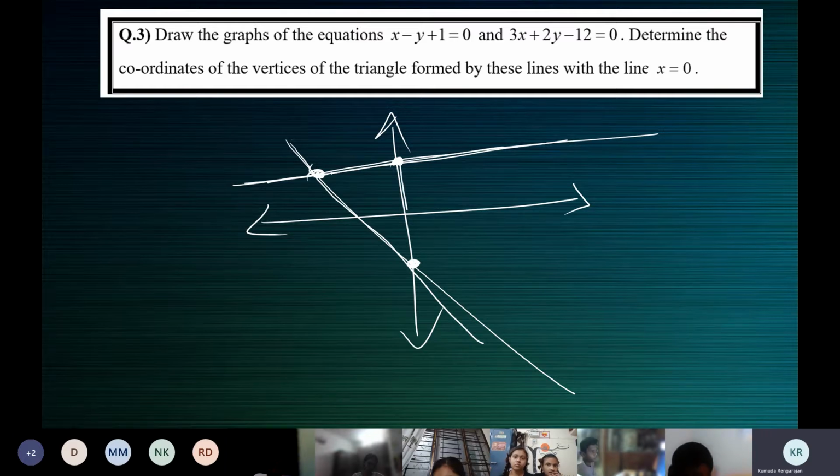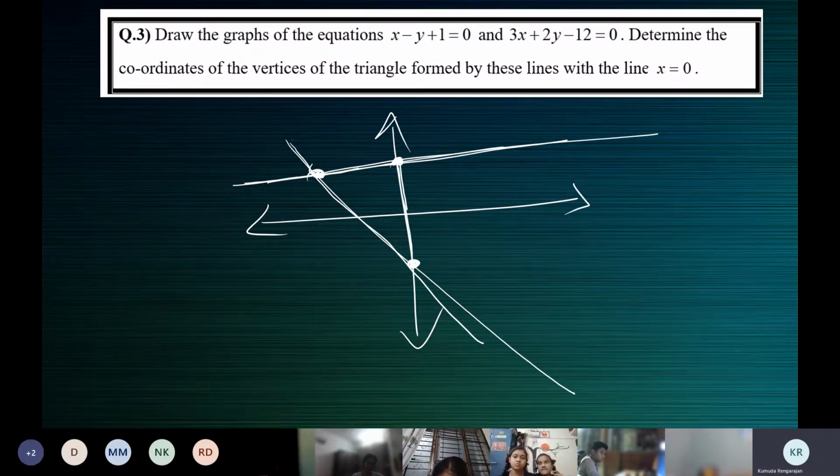So you know that a triangle has three sides. One side should be a segment of one line, the second side a segment of the second line, the third side a segment of the y-axis. See here, I'll shade, see if you understand. This is the y-axis.